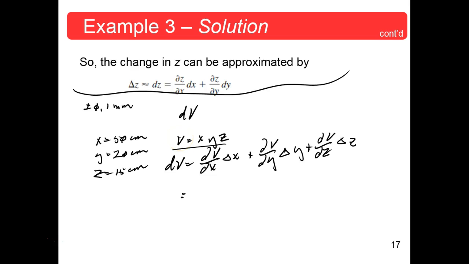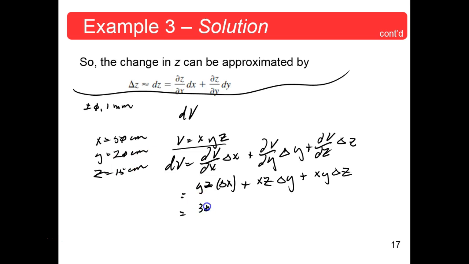YZ, exactly. So this would be YZ times delta x plus, and what's partial of v with respect to y? xz delta y plus partial v with respect to z, xy delta z.